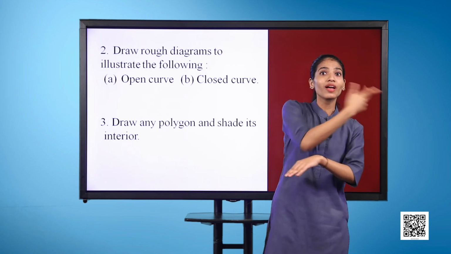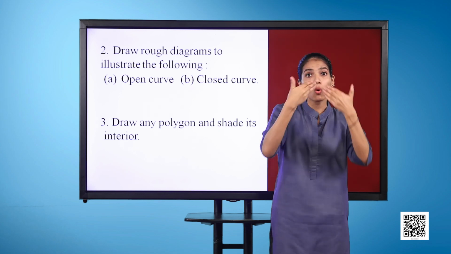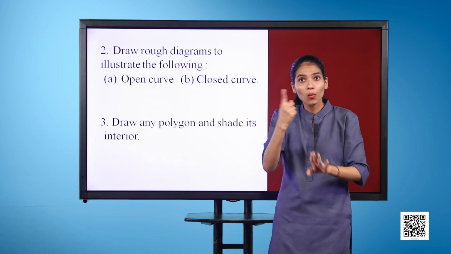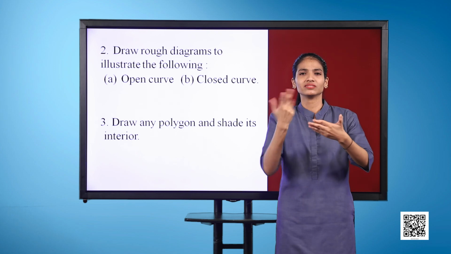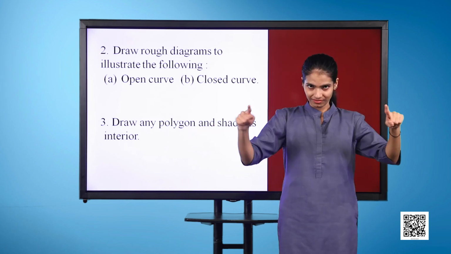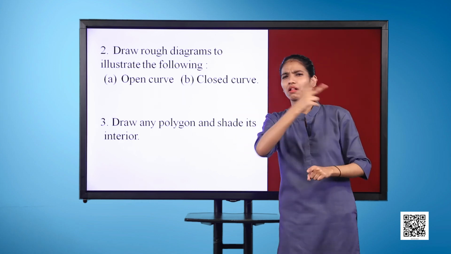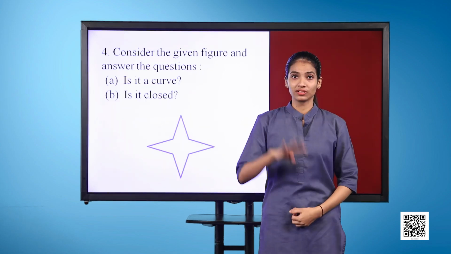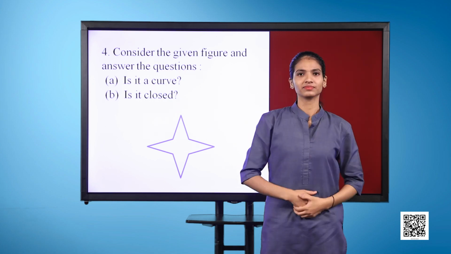Draw rough diagrams to illustrate the following: A. Open curve. B. Closed curve. 3. Draw any polygon and shade its interior. 4. Consider the given figure and answer the questions.